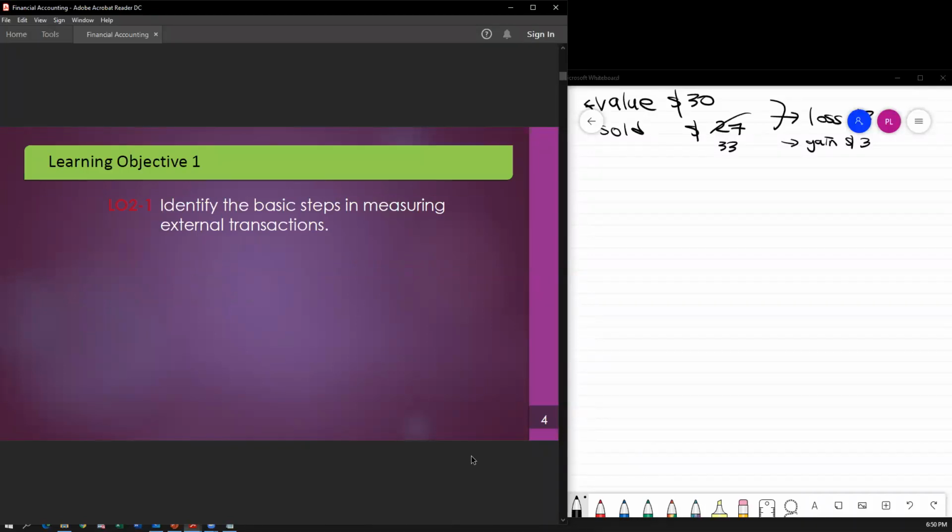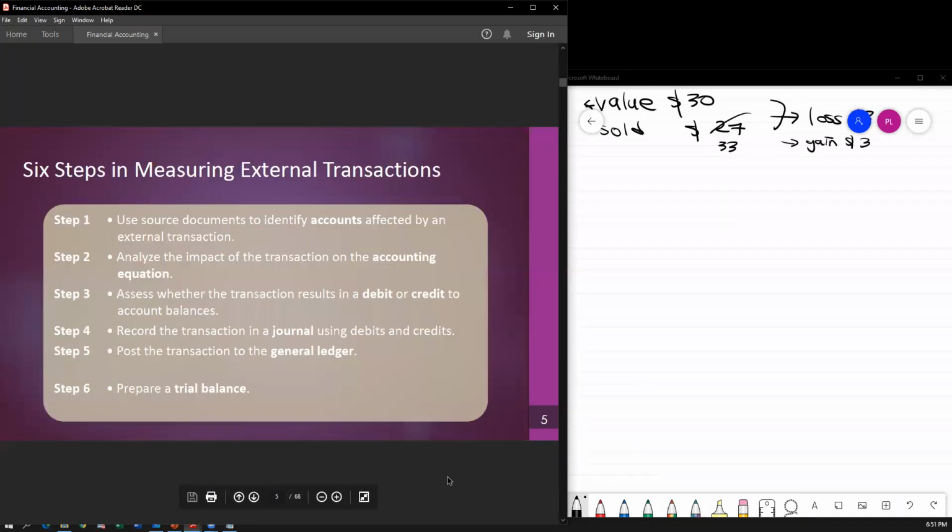So identify the basic steps in measuring external transactions. These are the steps that you need to do in order to write journal entries, prepare financial statements, and prepare a trial balance that you see at the end of the day. But don't worry about the trial balance for now; let's go through each individual step.